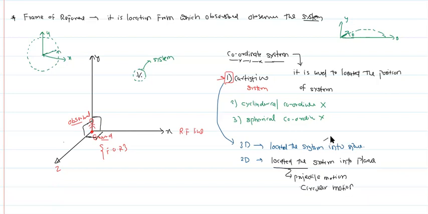If a bird or an aeroplane flies, that happens in space. So when something is happening in space, we require three lines. When something is happening in a plane, we require two lines. So this is called the Cartesian coordinate system. Is it fine?